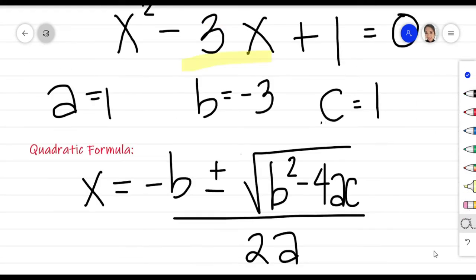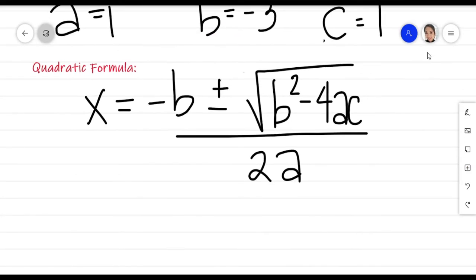Solving this quadratic equation using the quadratic formula, I suggest you memorize or familiarize yourself with this formula. Since we already determined the values of a, b, and c, we can directly substitute these values into the formula. So let's do it. Substituting, we copy x equals negative b.